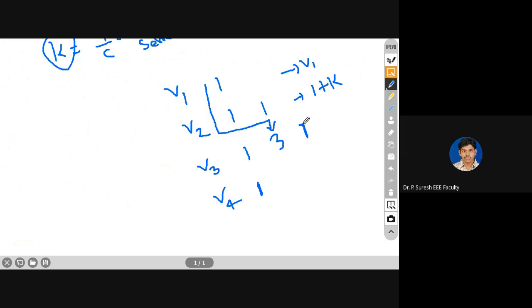Always the last value will be 1, the first value will be 1. Is it okay? V4 means the first value will be 1, the last value will be 1. Also, what is this value? Just adding all this, 1 plus 1 plus 1, 3, plus 3, how much will we get? 6. My question is clear.